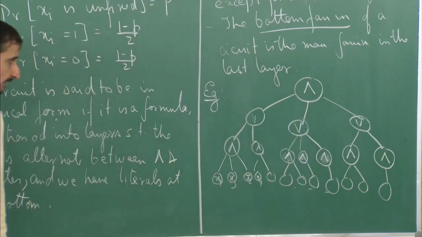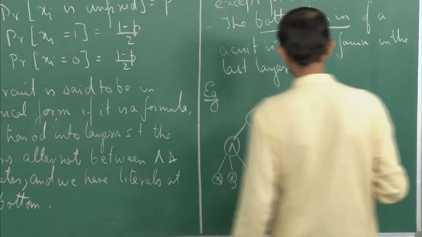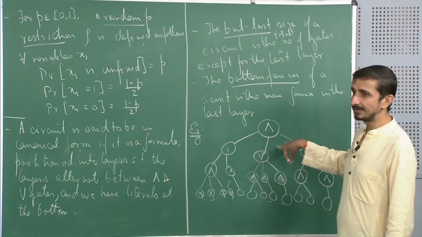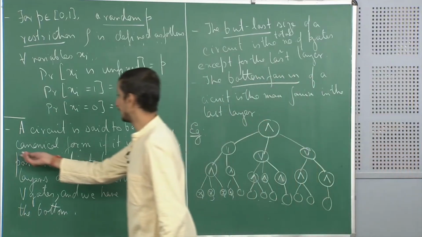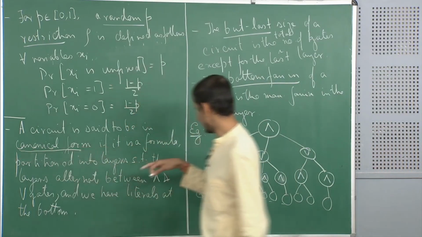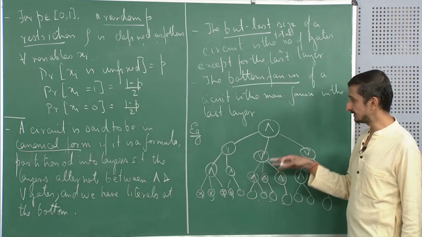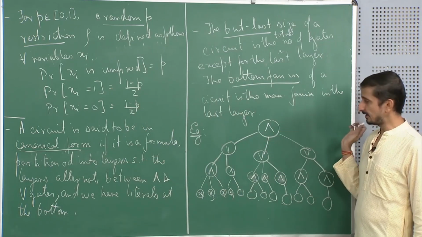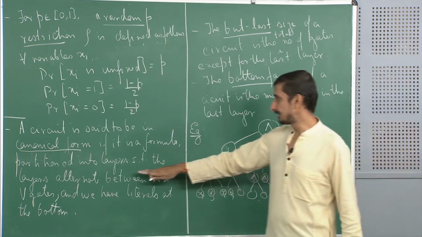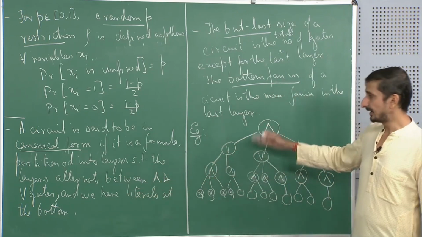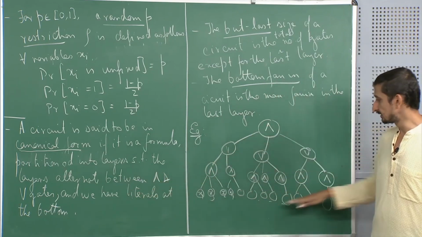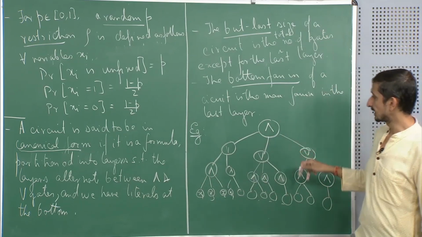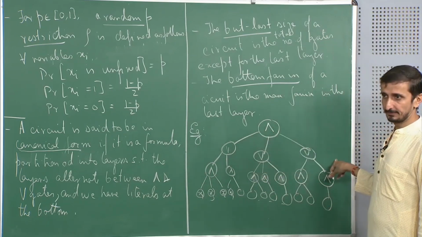So, this is a circuit in canonical form, because it is a formula as you can see. A formula is basically a circuit whose fan-out is at most 1, and the levels alternate between AND and OR gates, and the literals are at the bottom.